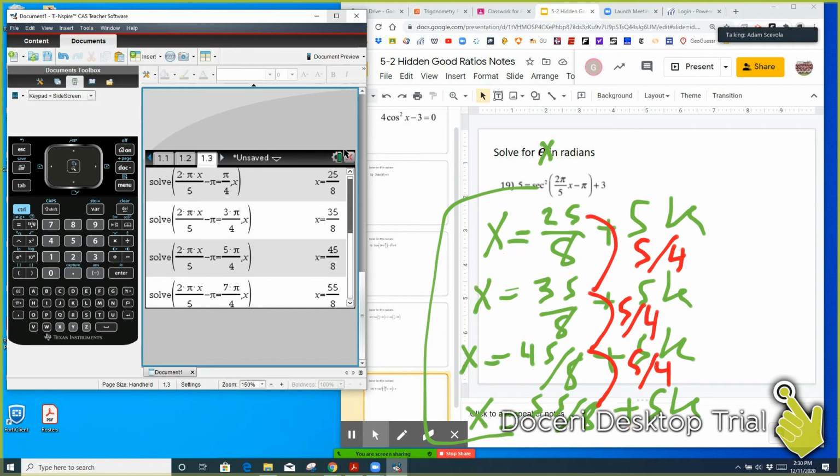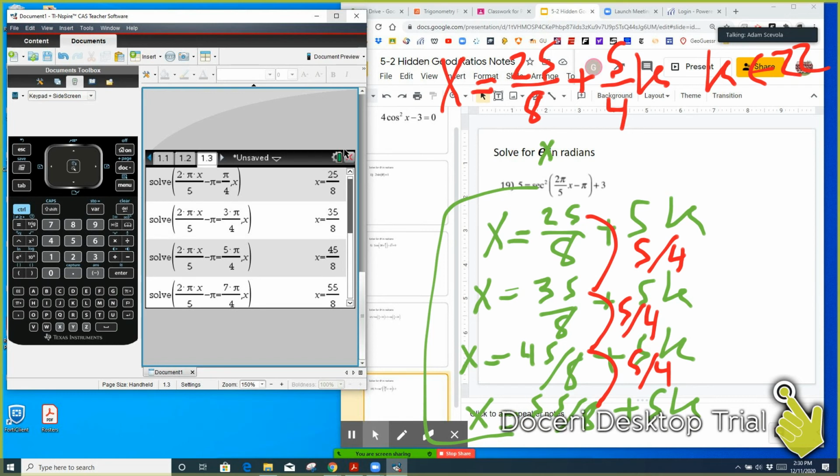So another way you can express this, and this is only if you see it, is 25 over 8 plus 5 over 4 k, where k is an integer, because then they repeat every 5/4. It just happens that these intersections happen exactly every 1/4 of a period. But the answer in green is fine.